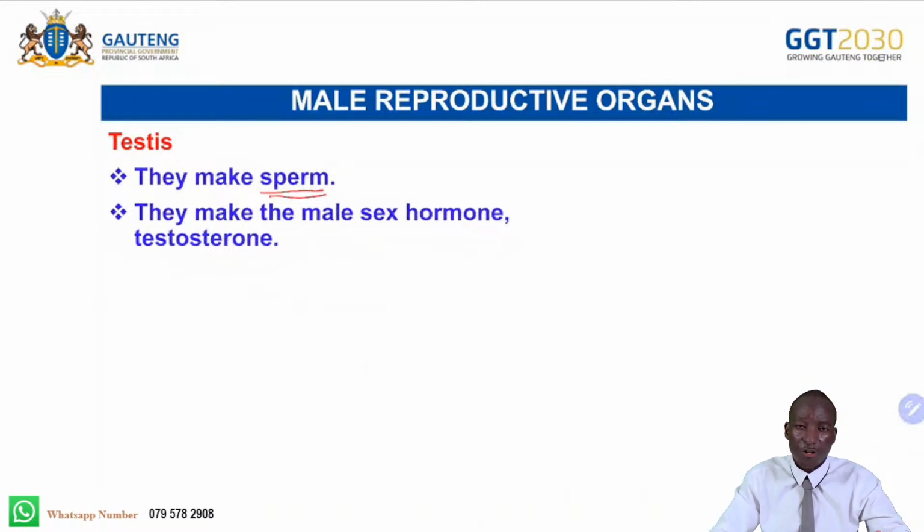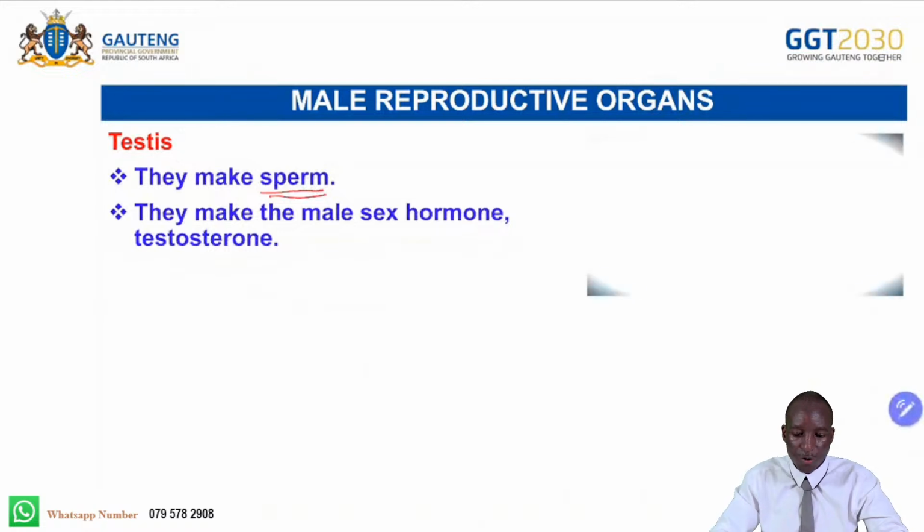In our previous lesson, we spoke about puberty, and this is the hormone which is responsible for all the stages of puberty to take place. So the hormone testosterone is the one which plays a very important role in males, right? For all the sexual characteristics that take place in males, this is the hormone that is responsible.